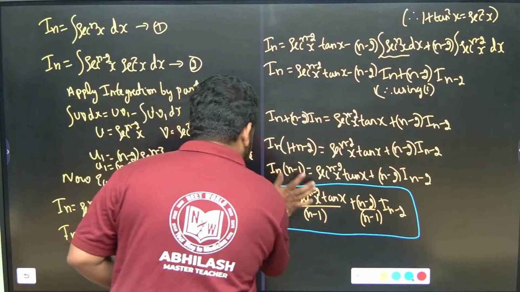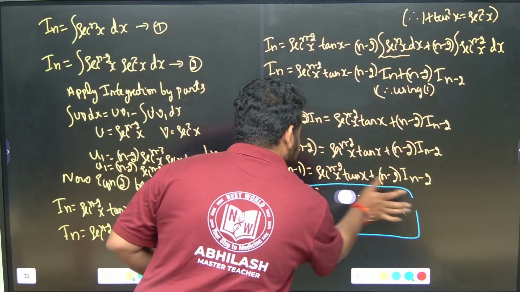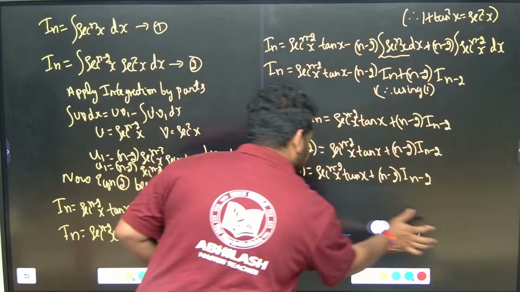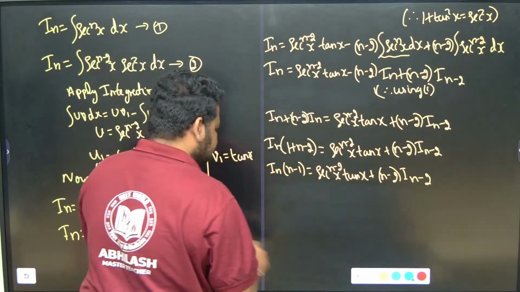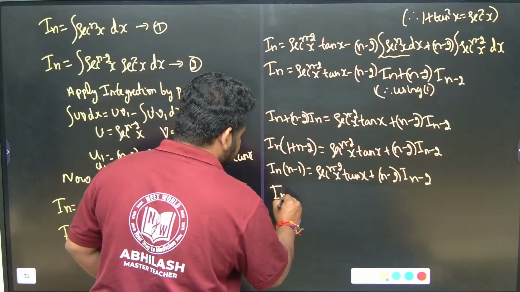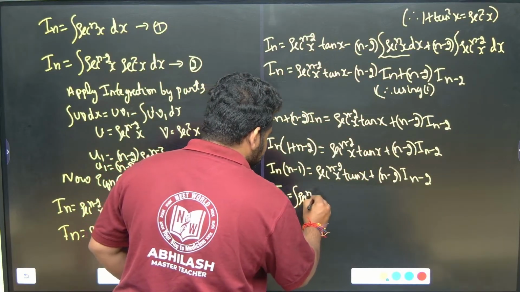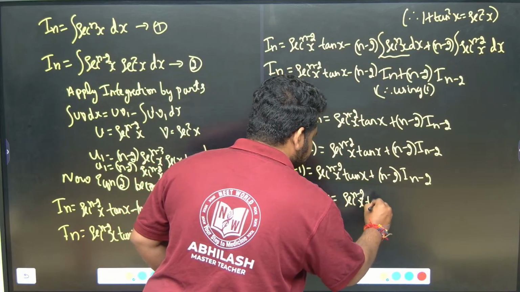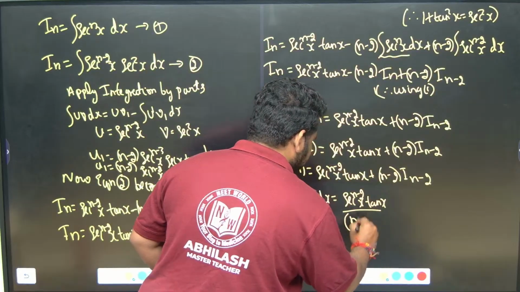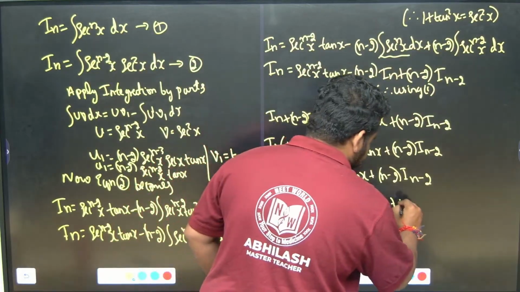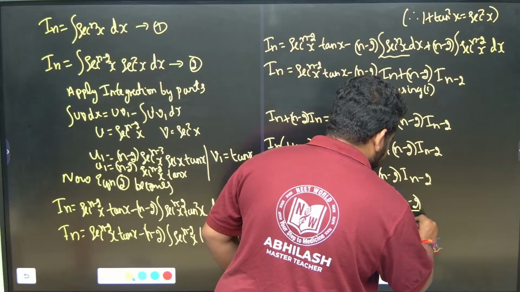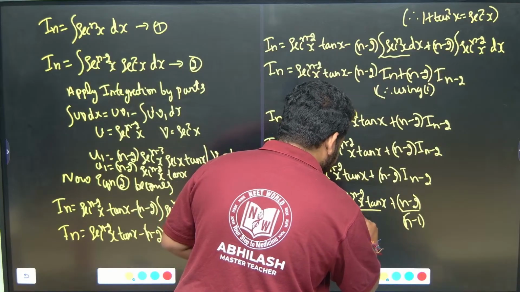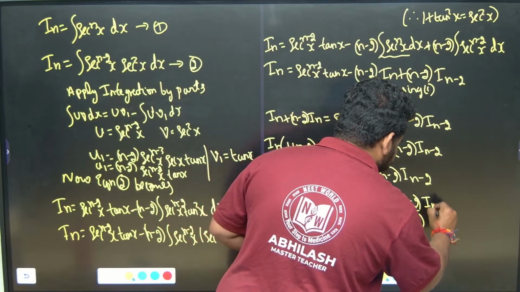Let me write it neatly. So, see here, I_n is equal to the integral of secant^n x dx is equal to secant^(n-2) x into tan x by (n minus 1) plus (n minus 2) divided by (n minus 1) into I_(n-2).